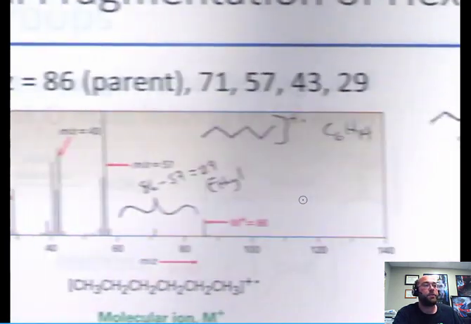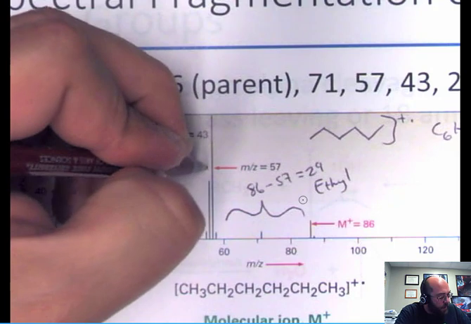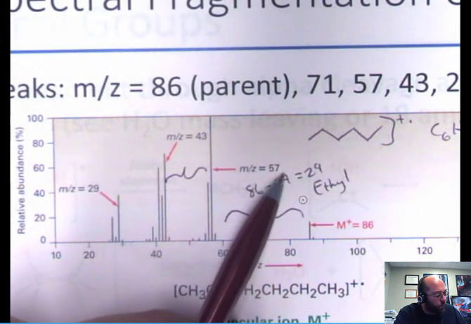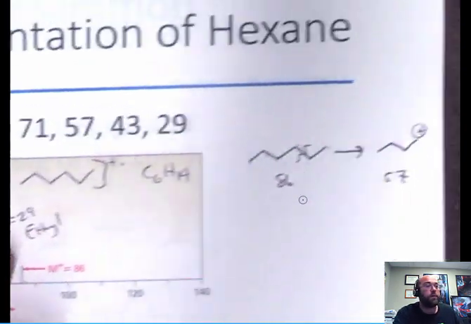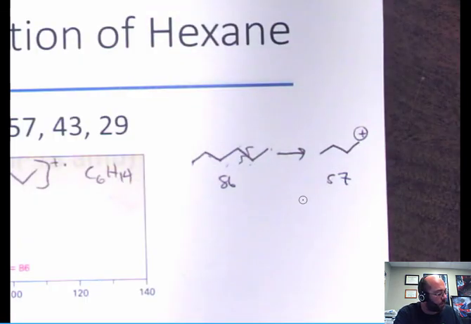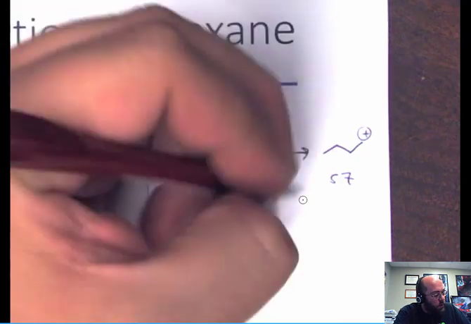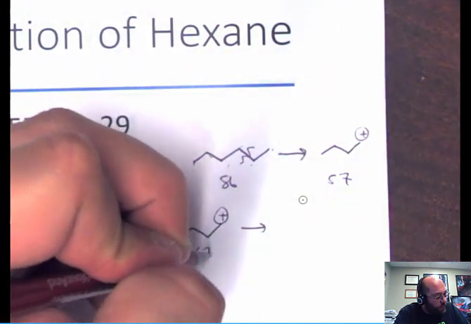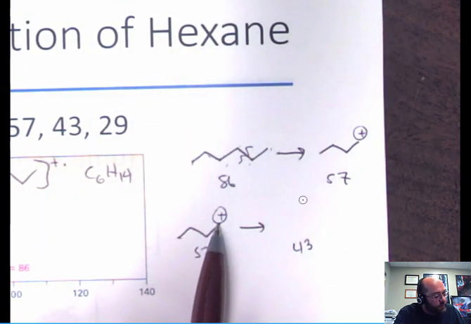And I can keep doing the same thing with the rest of these. I go from 57 to 43. What's the mass difference here? 57 to 43, that looks like a 14. Well, if I'm starting at 57 and I need 43, a mass difference of 14, what is this carbon at the end?